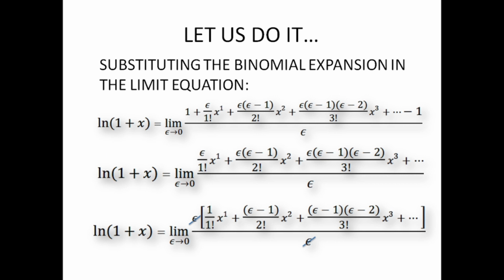divided by epsilon. So now in the upstairs, in the numerator, we take out epsilon, which is common in all terms, and in the downstairs, in the denominator, there is an epsilon also. We cancel them both out.